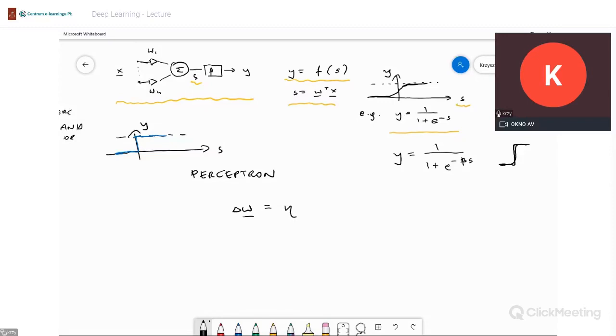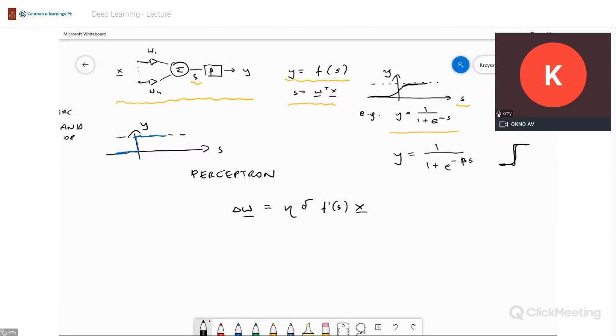The delta rule was the way to compute what is an update given an input sample. So basically, this delta rule had this form.